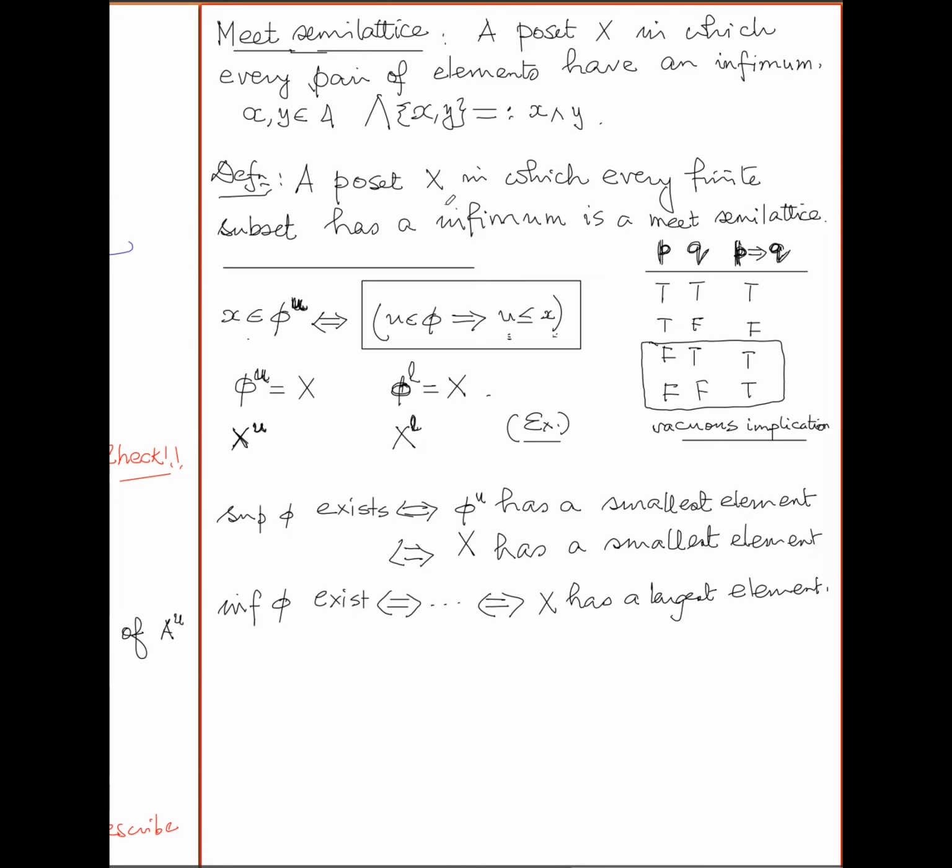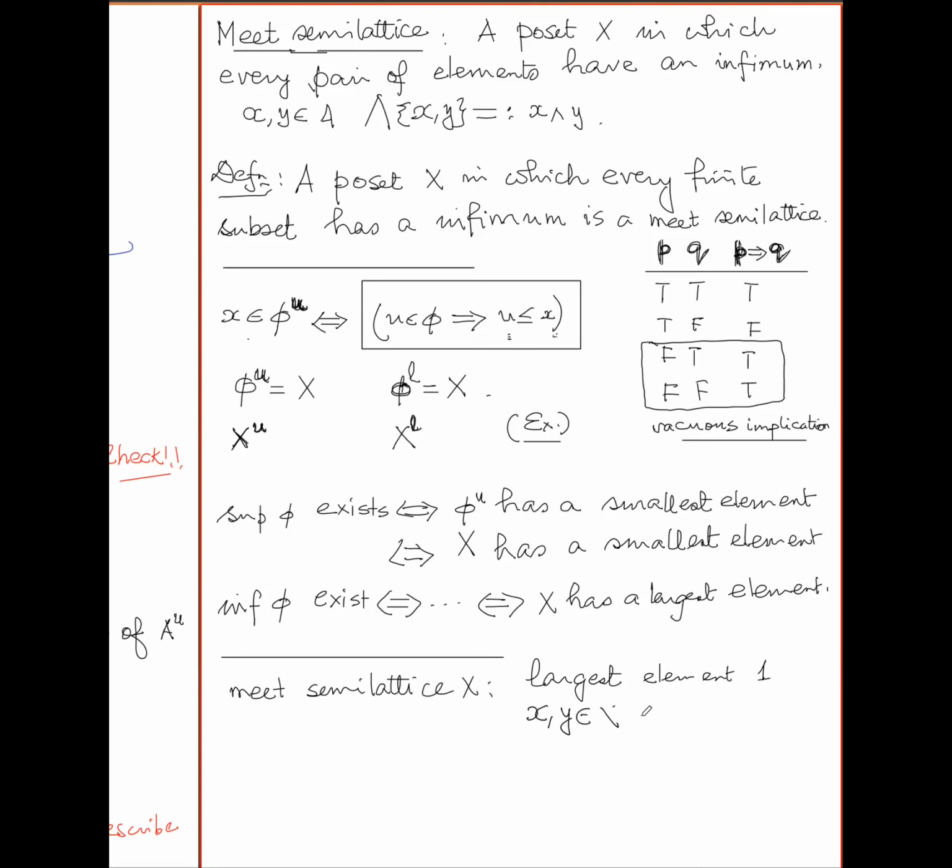That means I have a largest element. So that means neat semilattice has a largest element, 1, say, and for any x and y in X, I have this, which is the infimum of this set X and Y.